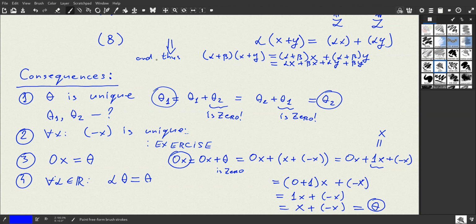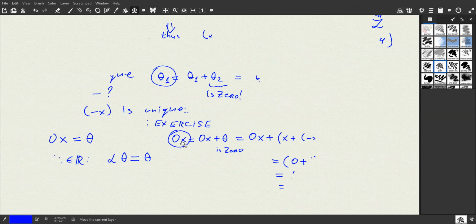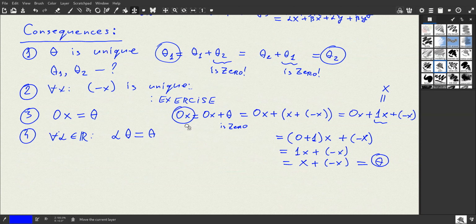Are there any questions? No. Okay. Now we can prove property number 4, which says that alpha theta is equal to theta for any alpha. What is alpha theta?